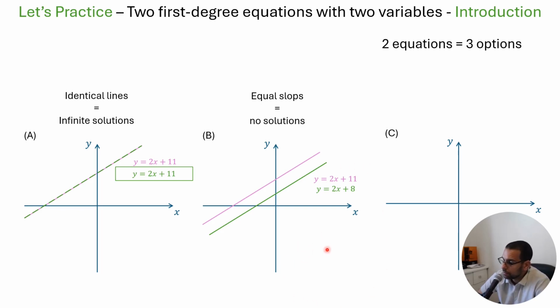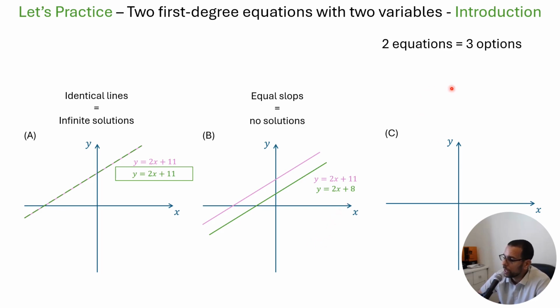Theoretically we can have this case, and I already saw an exercise where this was the case, and it was quite confusing to me as a kid. It's possible. If you see that you are isolating the y and you get straight line equations which have the same slope, meaning they will never meet, don't expect to have a solution.